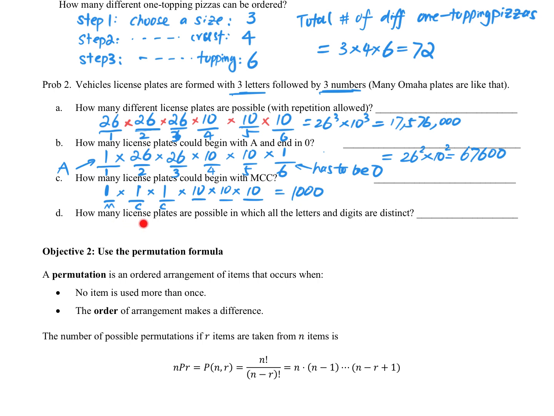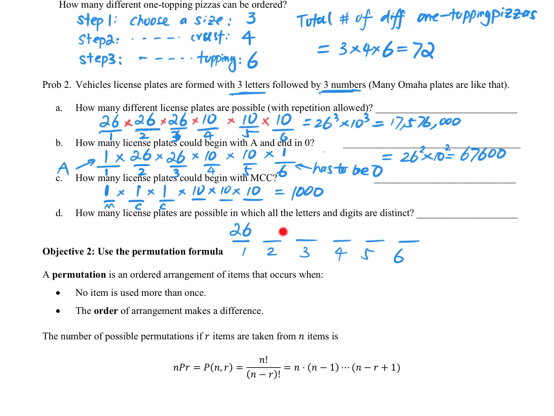Lastly, how many license plates are possible in which all the letters and digits are distinct? Again, always think about this as a 6-step process. So I have 6 characters. For the first one, fill in a letter. There are 26 letters available, right?